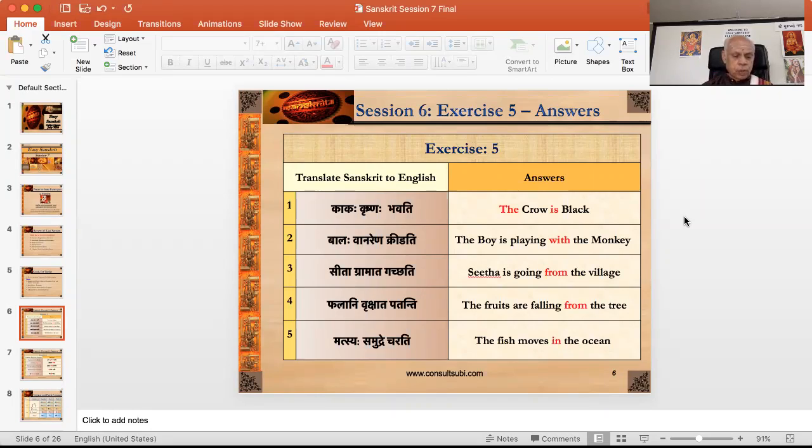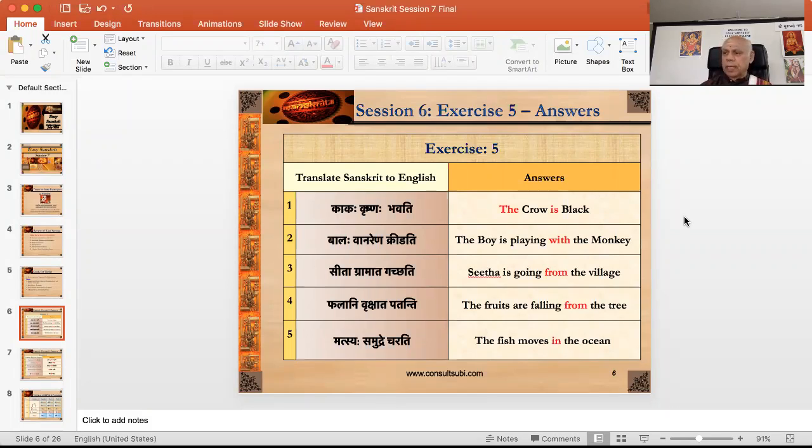Somebody has written fruits come from trees. I think Raj, it's actually not come but fall. When you say patanti, it means plural. The fruits are falling from the tree. When you say singular, it is patati. When you say dual form, patataha. Patanti refers to plural, more than two.